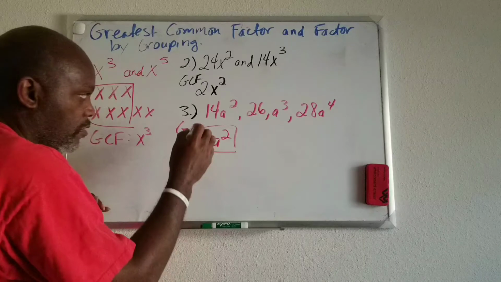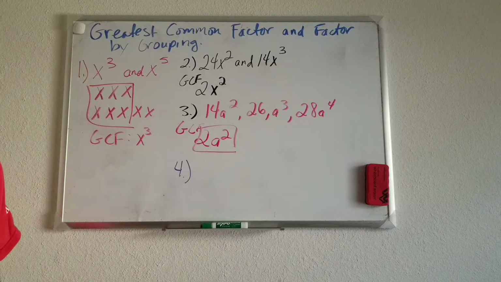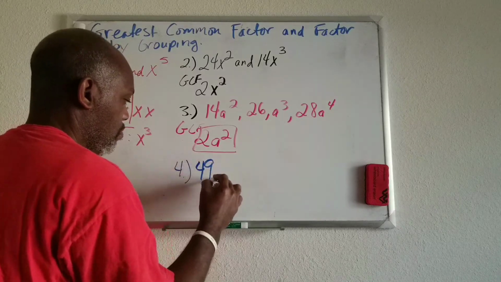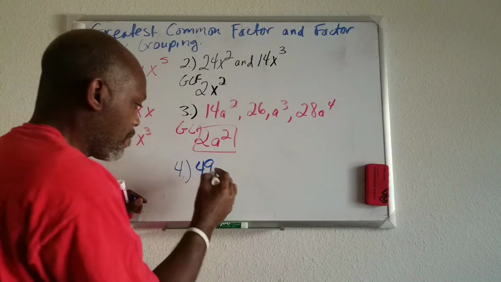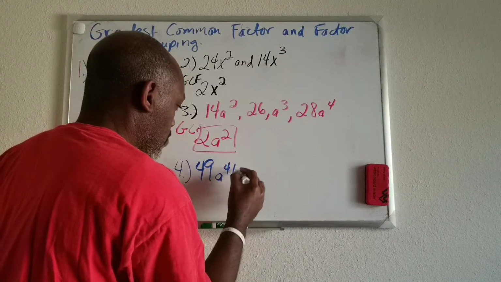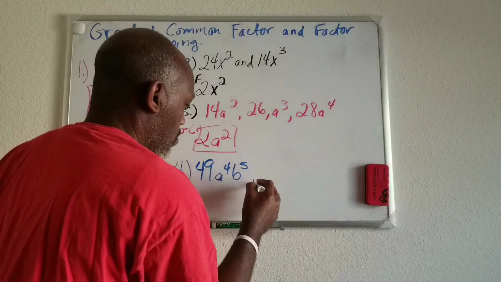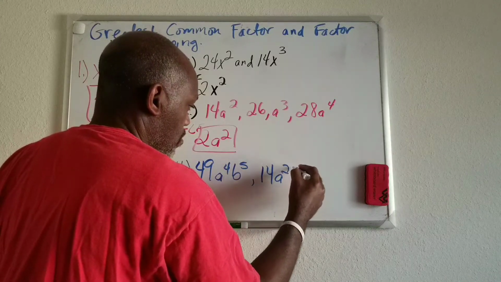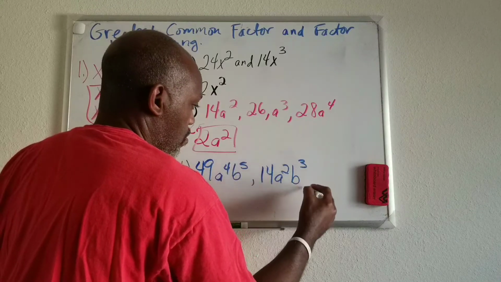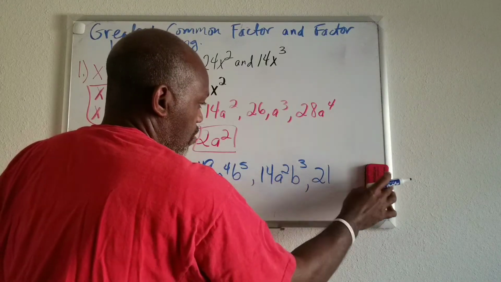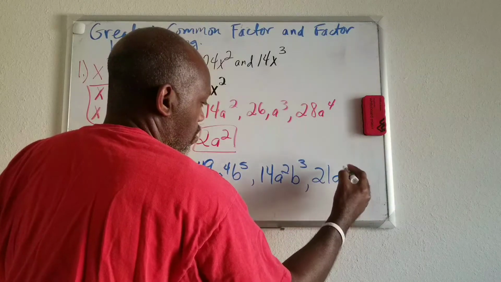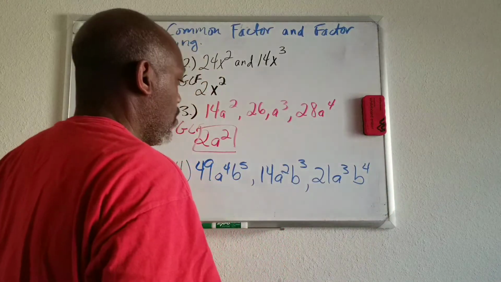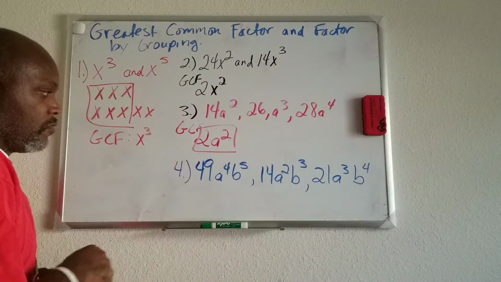All right. Let's say that there were more than one variable, more than one letter. The question is, what's the greatest common factor between all these terms?